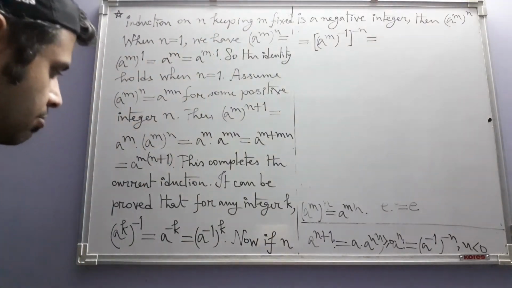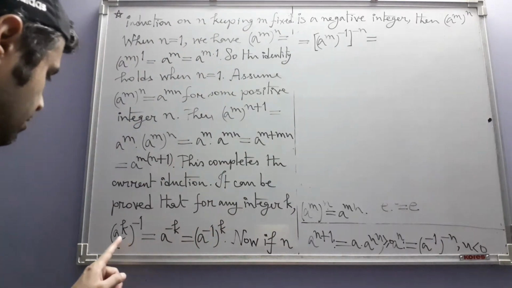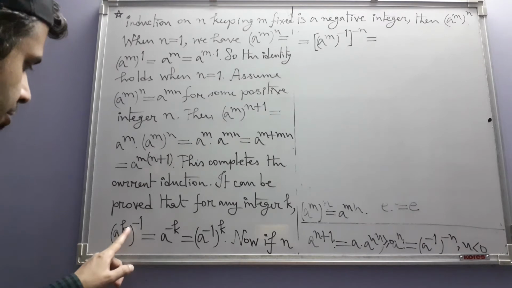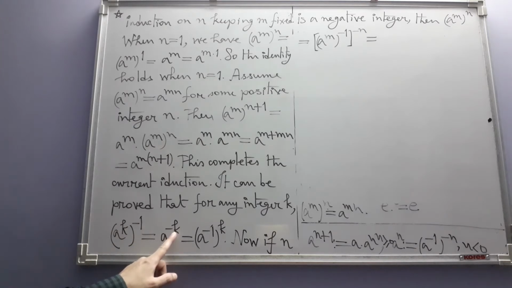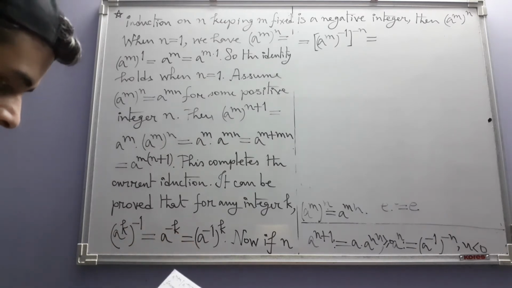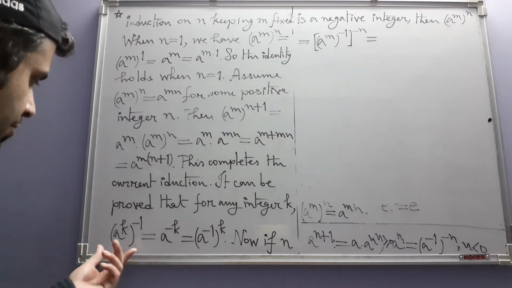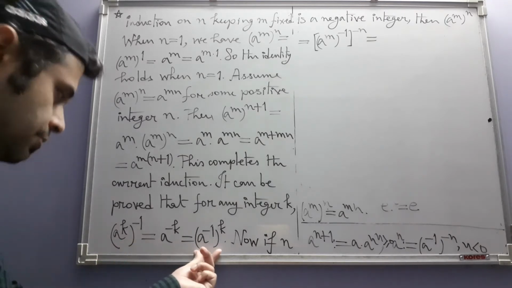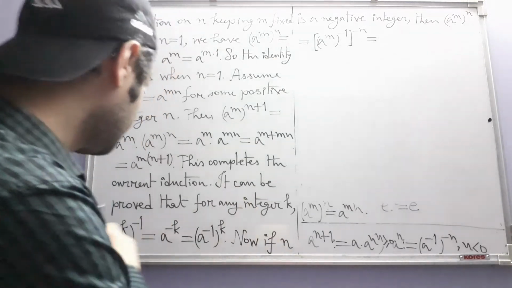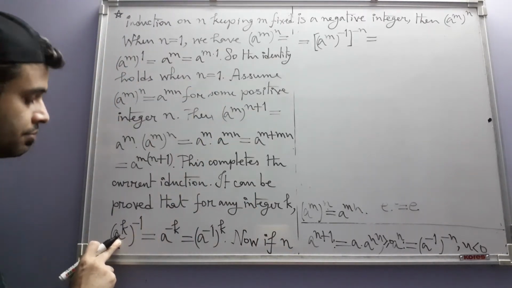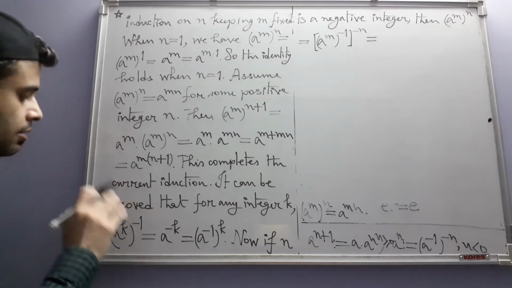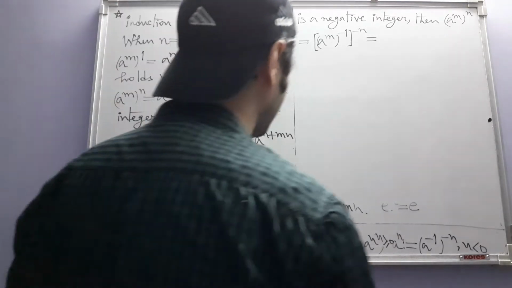Now this is where we use this part. A to the power k inverse is equal to a to the power minus k, or we can use this one also. Which one have we used? We have used this is equal to this, with a in place of a, because we already have k.